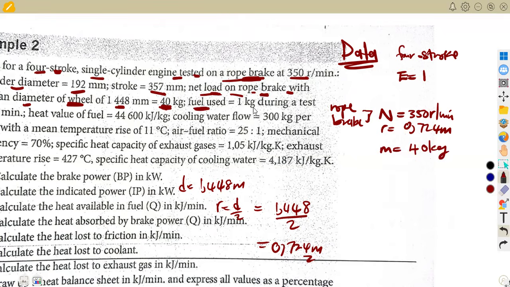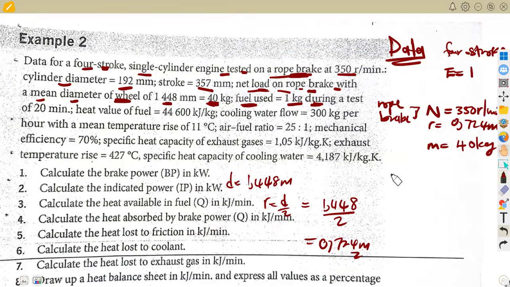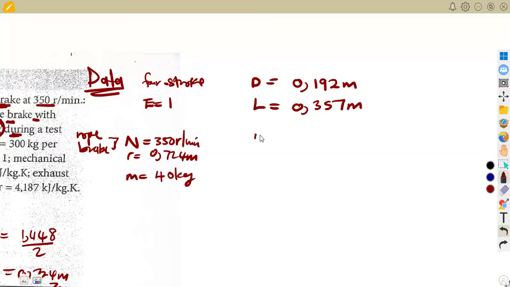The fuel used is 1 kilogram during a test of 20 minutes. So we have the mass of fuel, 1 kilogram in 20 minutes. Take note, the mass of fuel is given as 1 kilogram in 20 minutes.